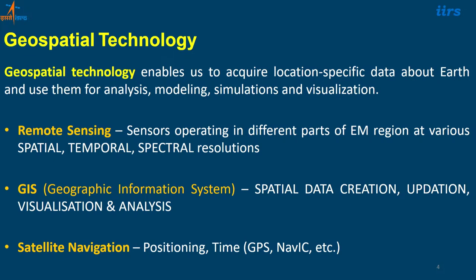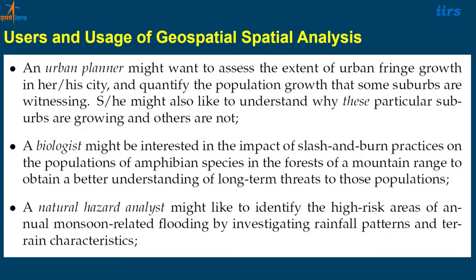So these three components are there: remote sensing, GIS, and satellite navigation. Whenever you are going for any kind of Python programming or geoprocessing, you should keep these three in mind: remote sensing, a separate component called GIS, and a separate component called satellite navigation.